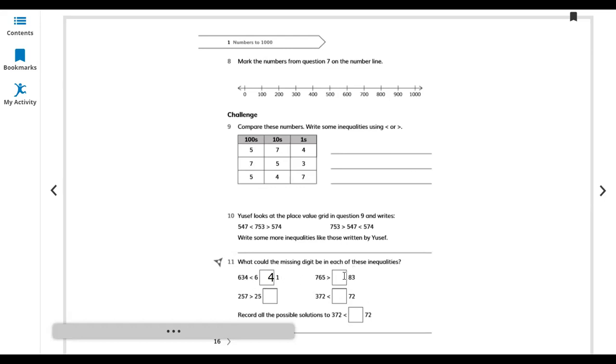Okay, then 765 and 683. What do we need to do? This is 65, this is 83. 65 is bigger, so we can write here 6. So it's 600, 763 and 65 and 600.